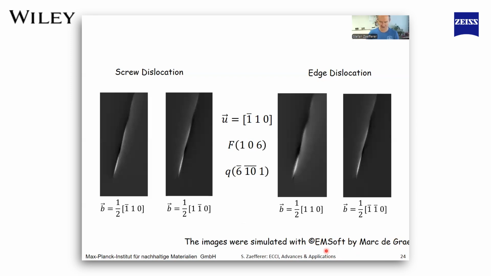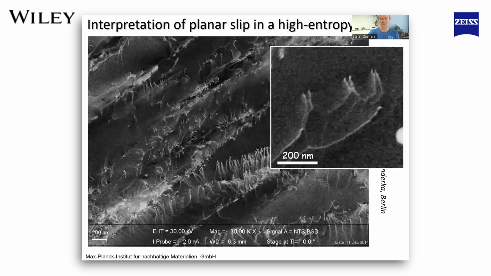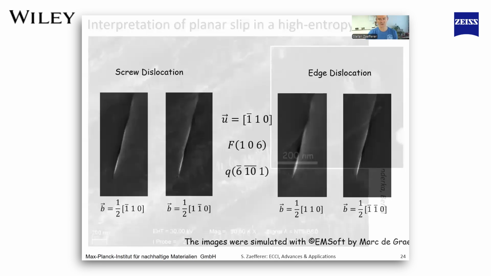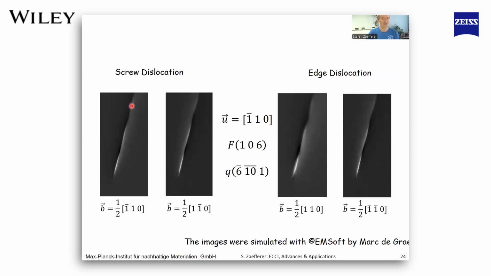So if you take good pictures, as I show you here, and you know which diffraction vector and which lattice planes you have, then you can use EMsoft to calculate the contrast of screw dislocations and edge dislocations, and see that the oscillation contrast is different if you have a positive or a negative Burgers vector. So in principle, by modeling these dislocation images, we are able to understand more details of the diffraction images, of the electron channeling images, and then, of course, of the material.